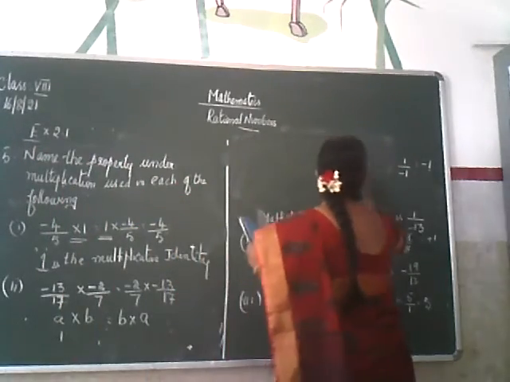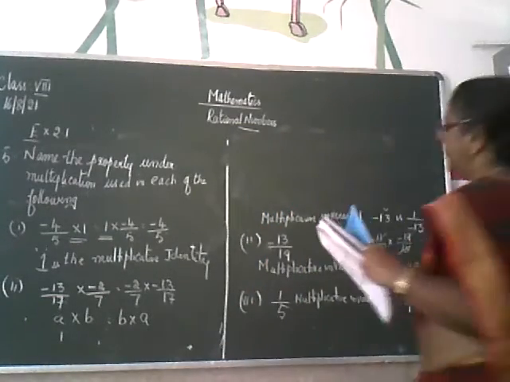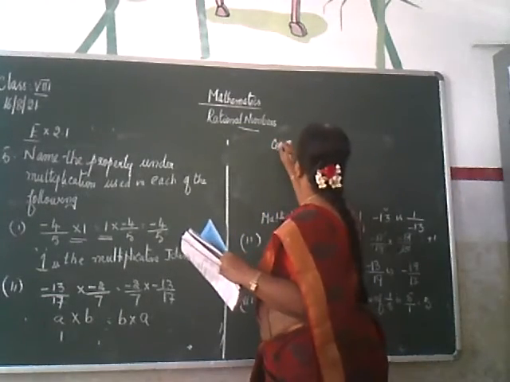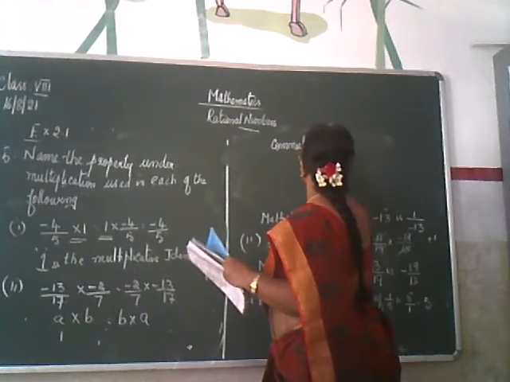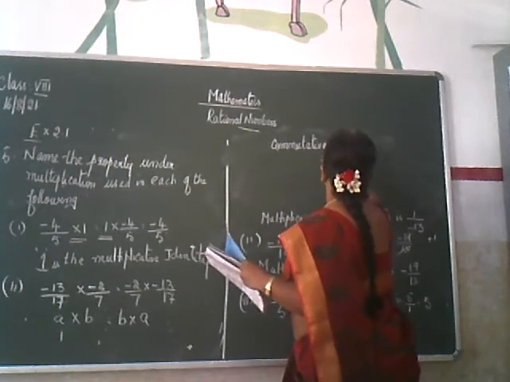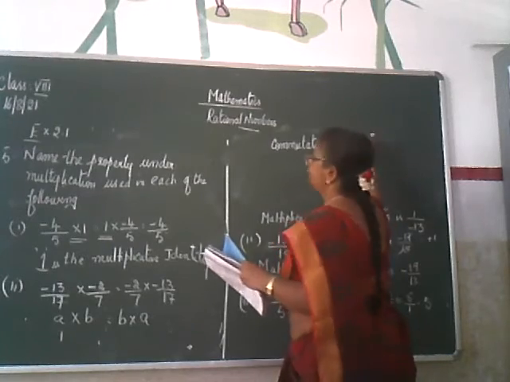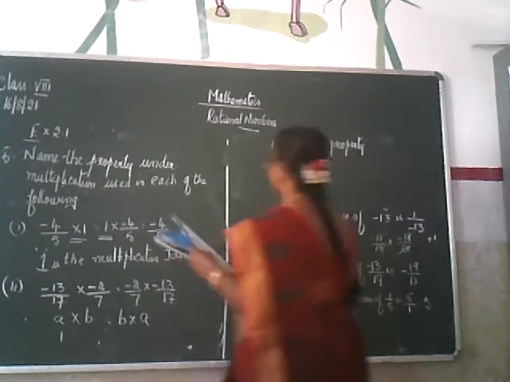Commutativity. So here the property used is commutativity, or the commutative property of multiplication, you can write.